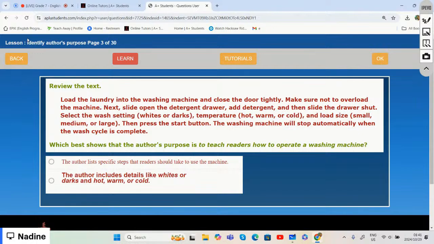Which one do you think is correct? Which shows that the author is trying to teach us how to operate the washing machine, by listing specific steps or including details like whites or darks, hot, warm, or cold?